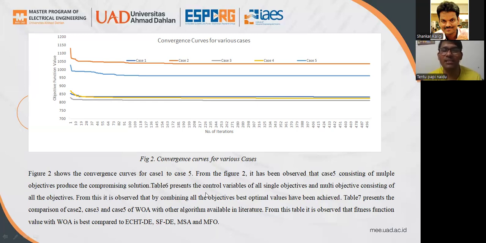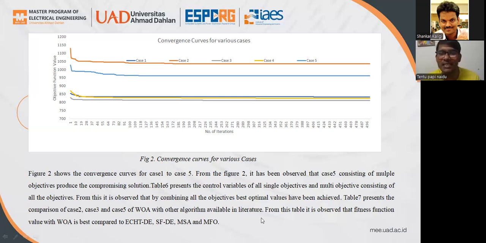Table 6 presents the control variables of all single objectives and the multi-objective case. From this, it is observed that by combining all the objectives, the best optimal values have been achieved.